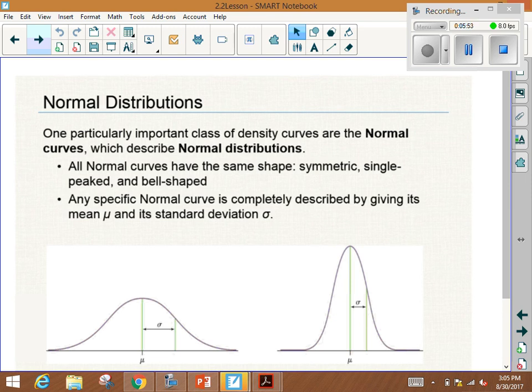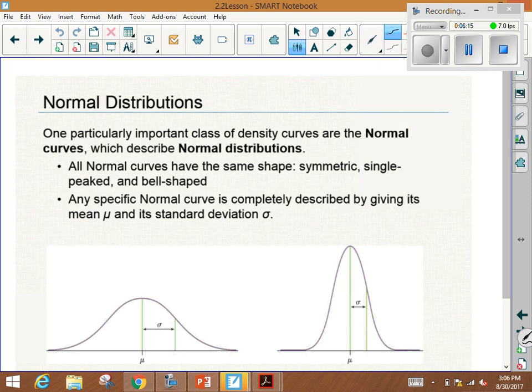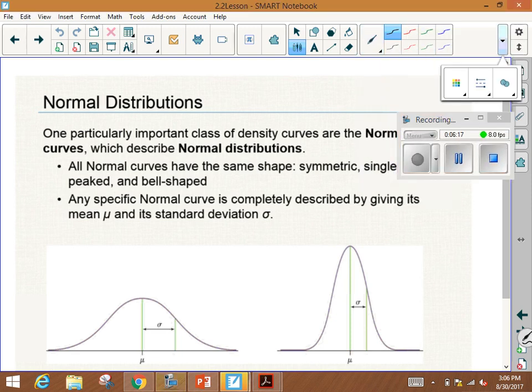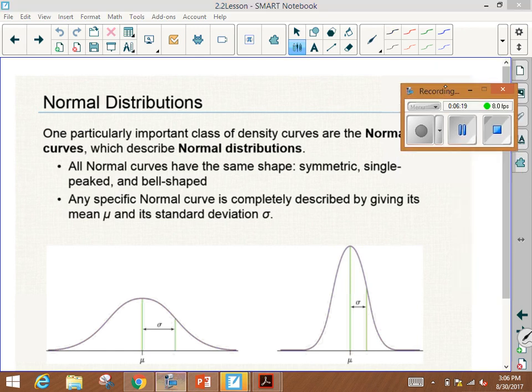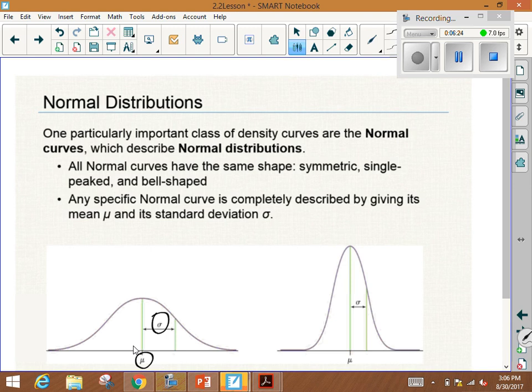All right, and we describe it by giving its mean and its standard deviation, right? And you can see these two different curves. They look different, but they're both normal curves, right? Being described by mean, mu, and your standard deviation, right?